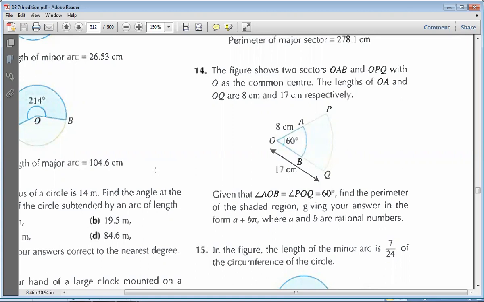So here we have a shaded region. This is that shaded region. Let me show you another diagram there.